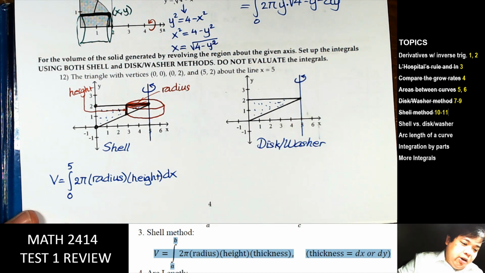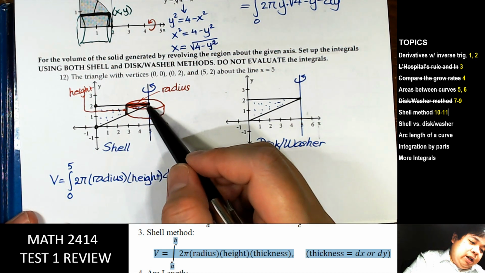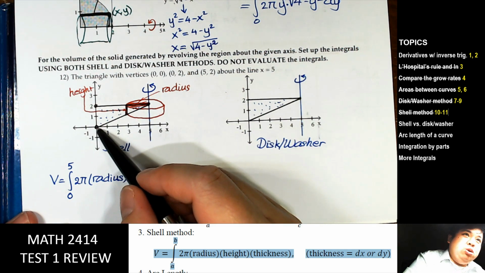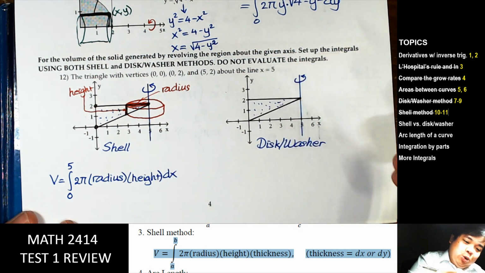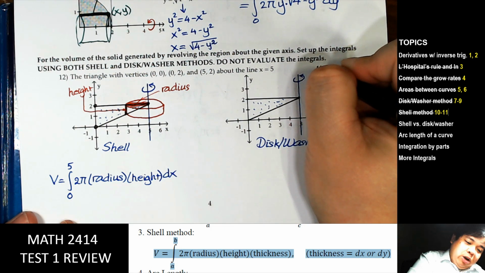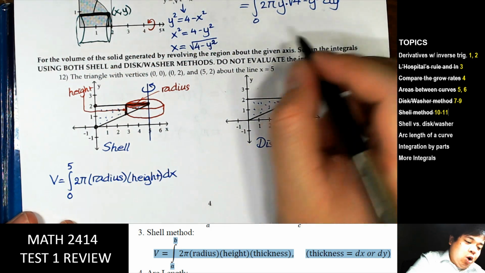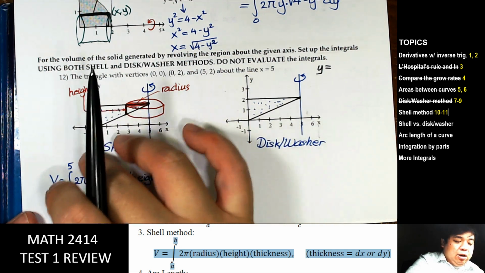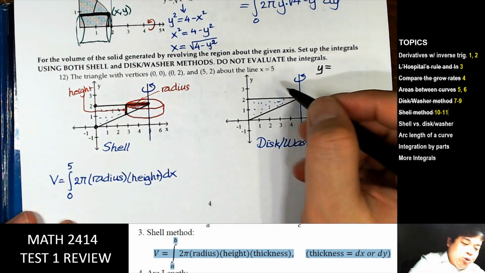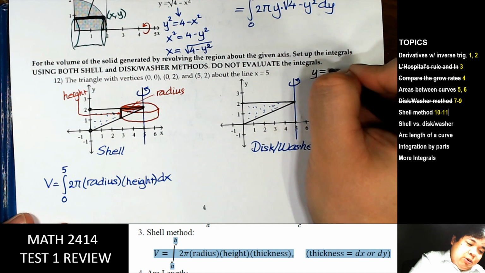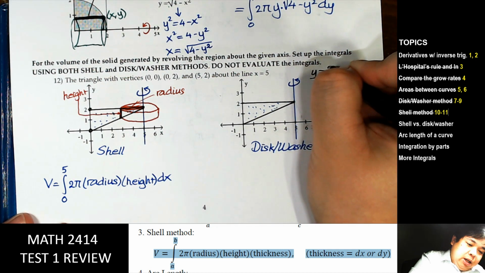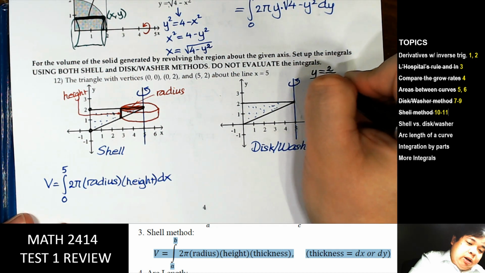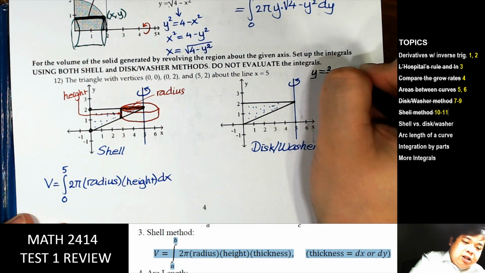First let's look at the function. The function here goes through 0, 0, so it's going to be y equal to mx. The slope is rise over run, go up 2 and 5 units to the right. So y equals rise over run times x.